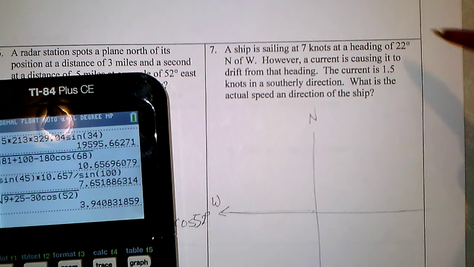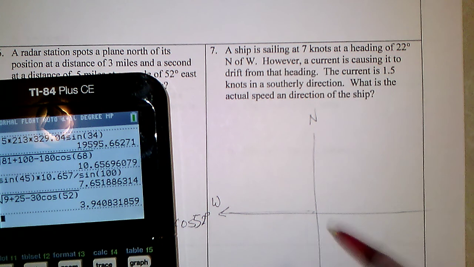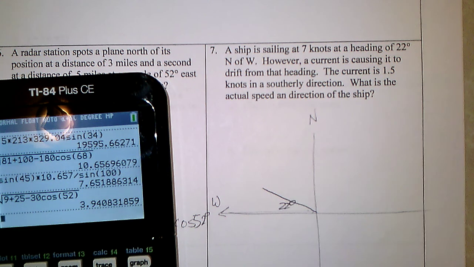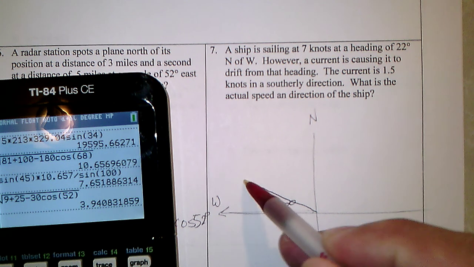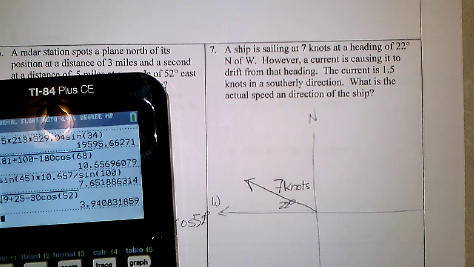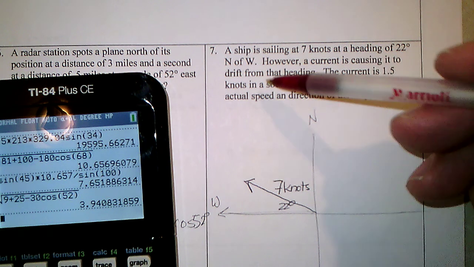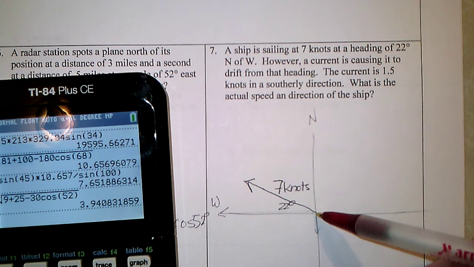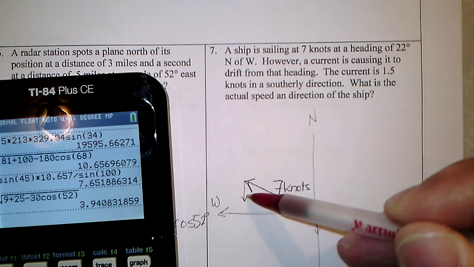So if we're going 22 degrees north of the west, the ship is sailing something like this, at that direction, and it's going at 7 knots. And now there's a current. It's 1.5 knots in the southerly direction, so the current's pushing it down. So instead of going here, it's going to be drifting this way, so we put the 1.5 here.